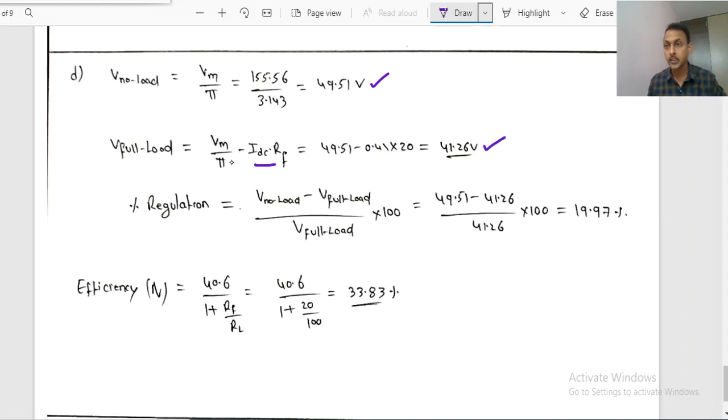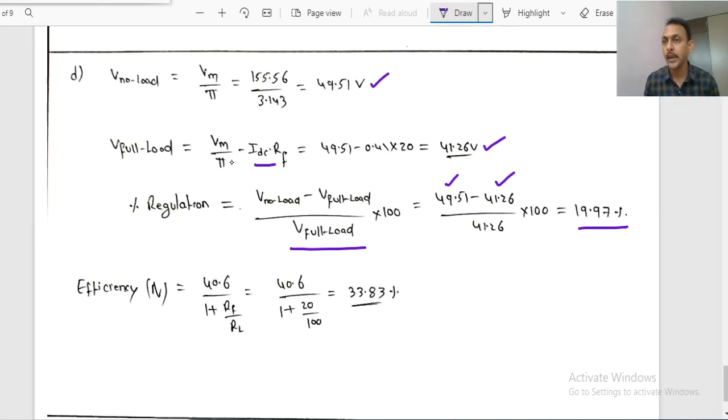Now what about the regulation? The change in voltage from no load to full load with respect to the full load, into 100. At no load the voltage is 49.51 minus at full load 41.26, whole divided by 41.26, it is 19.97%. The change in voltage from no load to full load is very high. That value should be as low as possible.